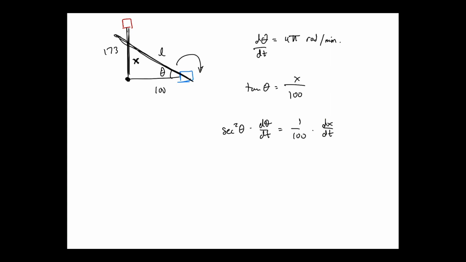Right? And then on the other side, I just, for cleanliness, wrote 1 over 100 times dx dt. Is that okay? Okay, so what are we trying to solve for here? Yeah, we're trying to solve for dx dt. So all I have to do is multiply by 100 to get dx dt by itself. Well, let me put the 100 out front.